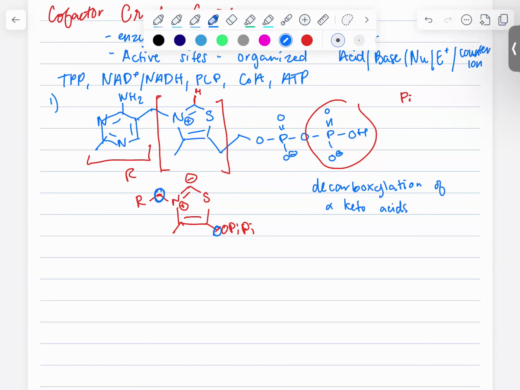Does anyone recognize that term at all, even a little bit? We have not ever learned what alpha keto acids are, but you do recognize the structure.